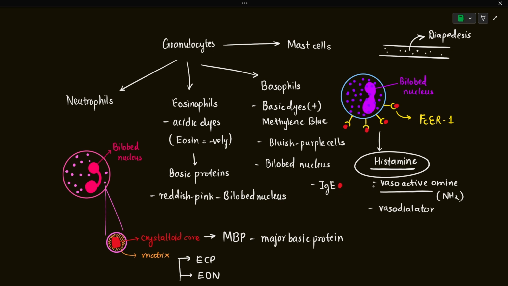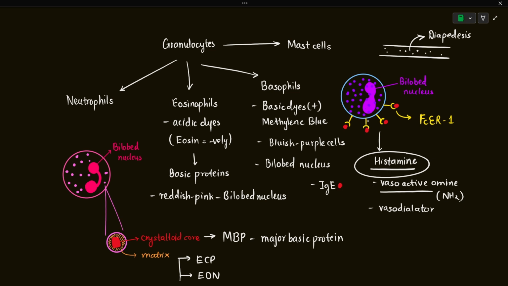That is why, whenever a person is having an allergic reaction, we give them antihistamines such as cetirizine. Cetirizine binds to the H1 receptor. It is an antihistamine, so that is how we control the allergic reaction and give relief to the patient.